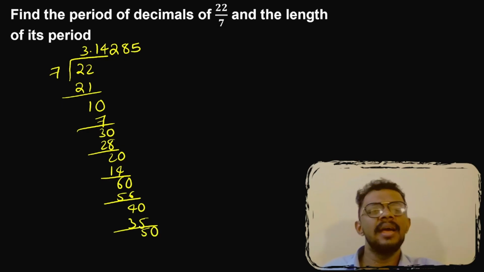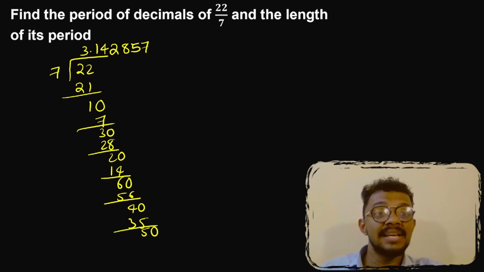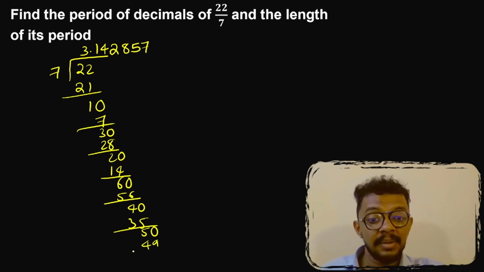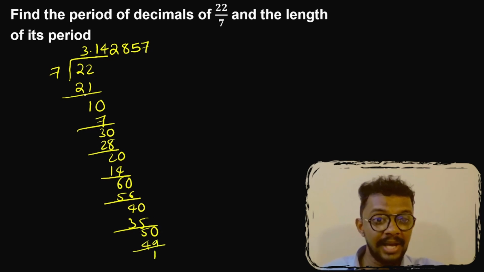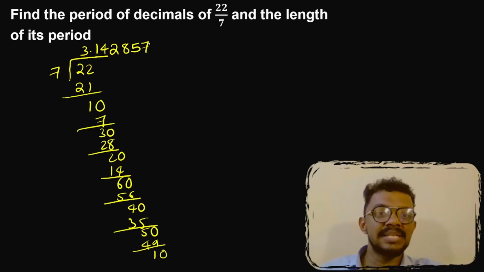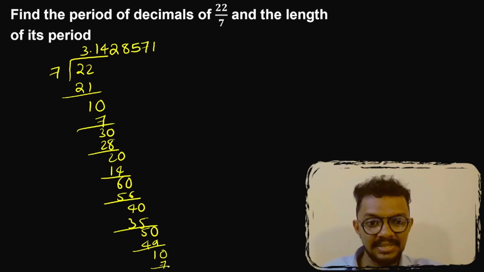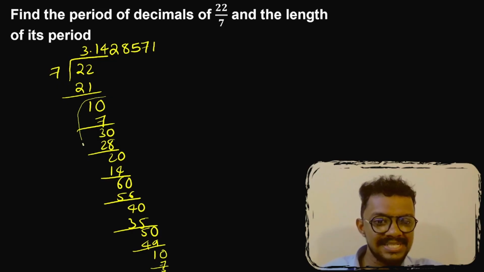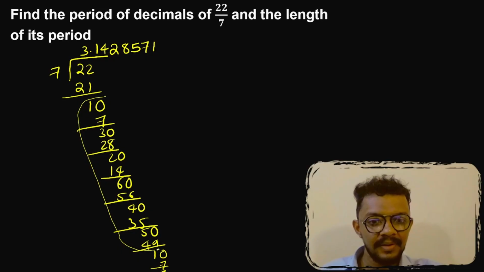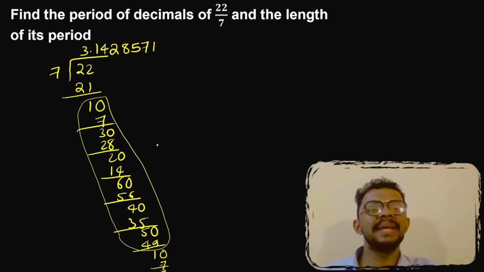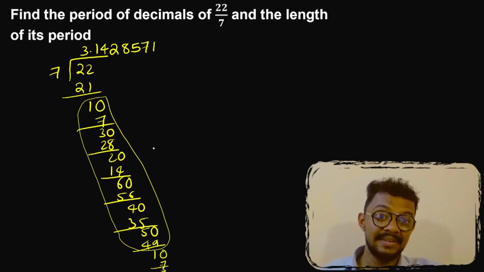In 50, how many 7s are there? It's 7. 7 into 7, 49. Remainder 1. Okay, we got remainder 1 again. And we are getting 0. In 10, how many 7s are there? The answer is 1. 1 into 7, 7. Remainder 3. And look, from here onwards, it's repeating. This thing is repeating again and again.